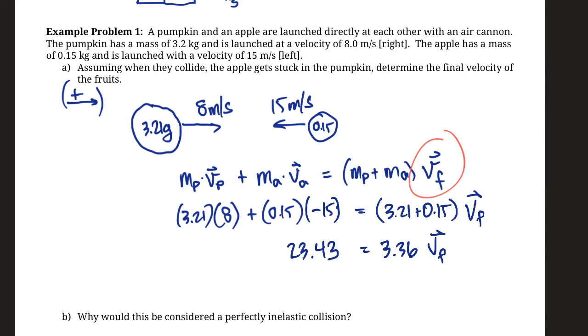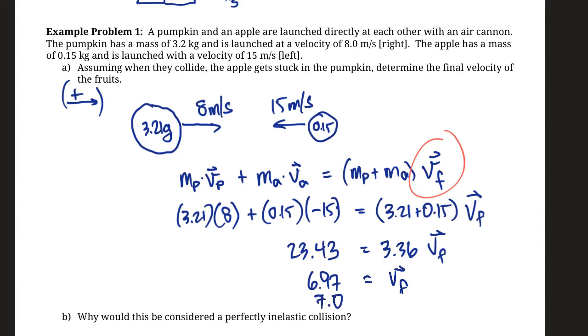Dividing gives us VF equals about 5.4. Now, two significant digits make sense for this question, so we're going to round that.